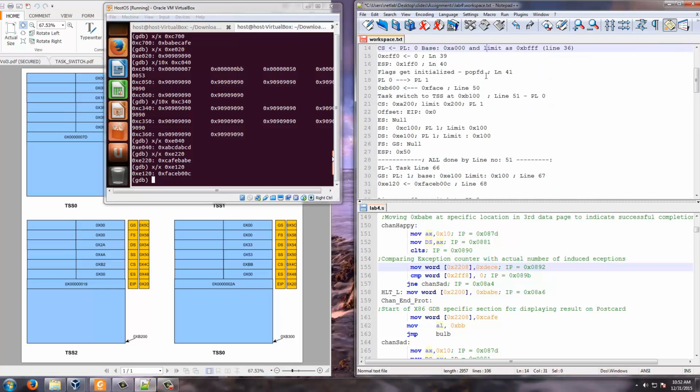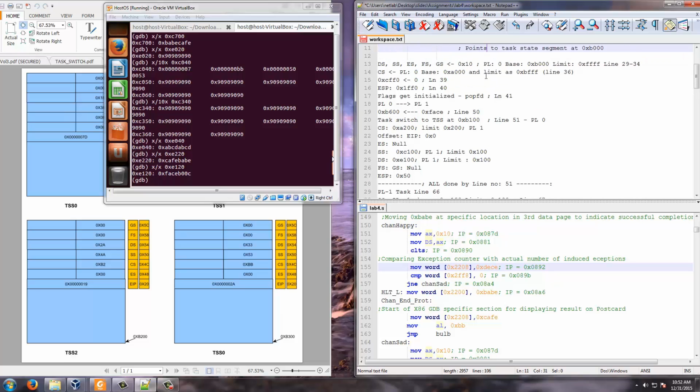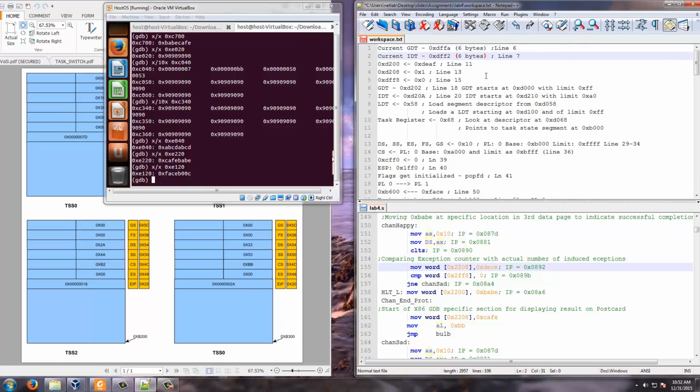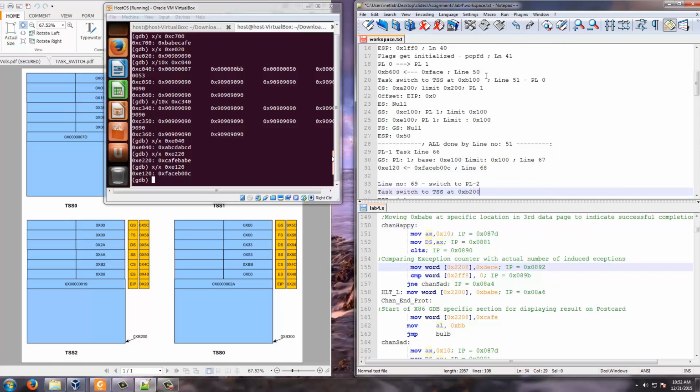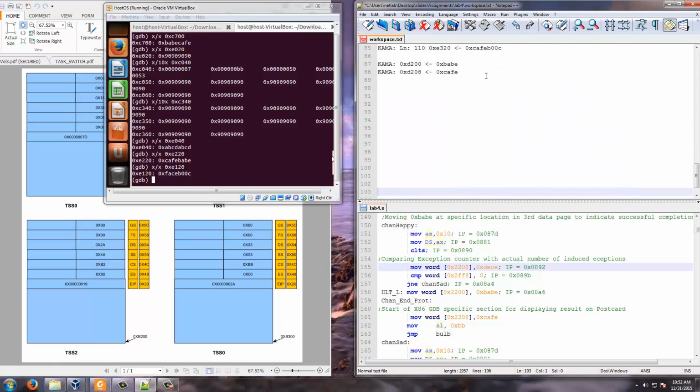E120, that is face B00C, done. So all the code has executed as per what we have seen here.